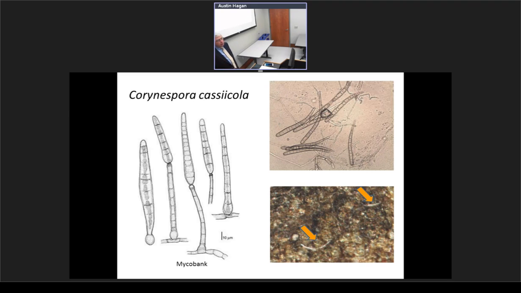The fungus itself is what we call a dematiaceous hyphomycete. In other words, the fungus hyphae and the conidia are pigmented. If you look at the spores under a microscope, which you can see up here in the upper corner, they have a gray cast to them. They're very large for a conidia, maybe up to 200 microns in length.